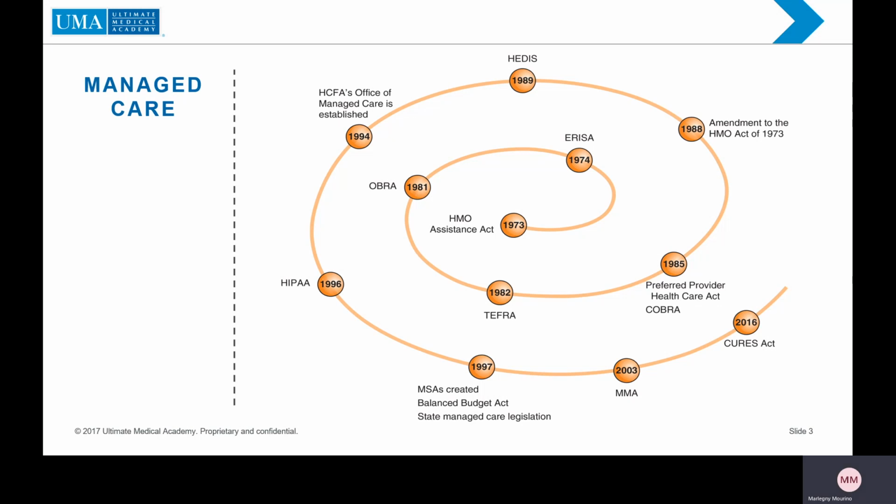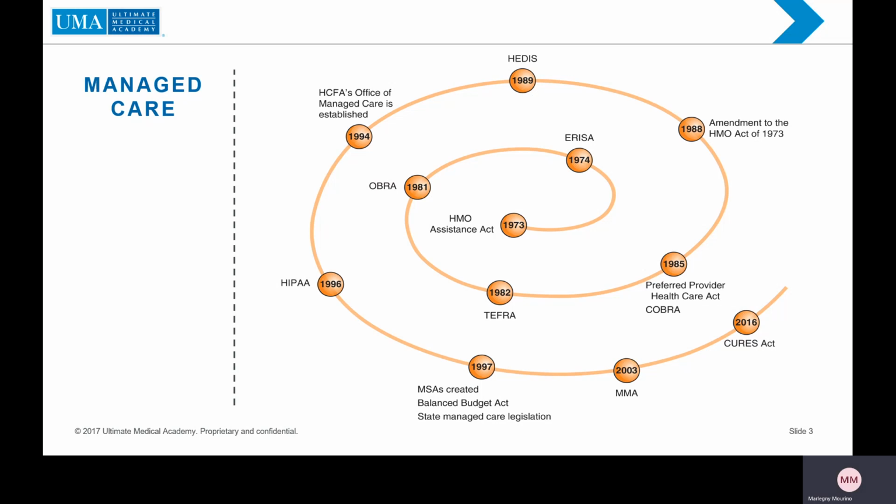Currently, more than 70 million Americans are enrolled in some type of managed care program, and this in response to regulatory initiatives affecting healthcare cost and quality. So what is managed care? It is a healthcare delivery system that is organized to manage cost, utilization, and quality.